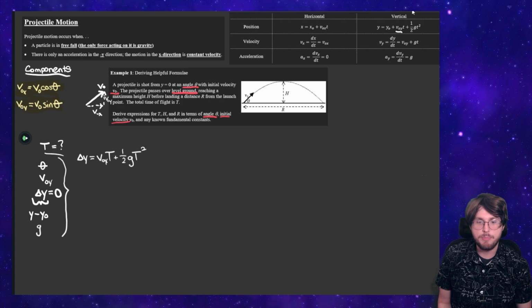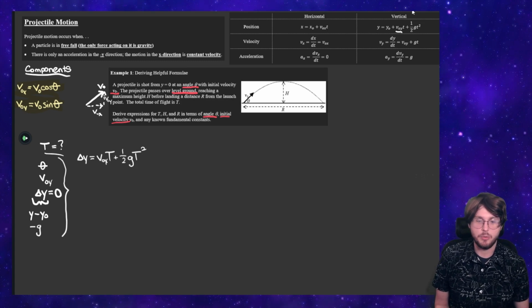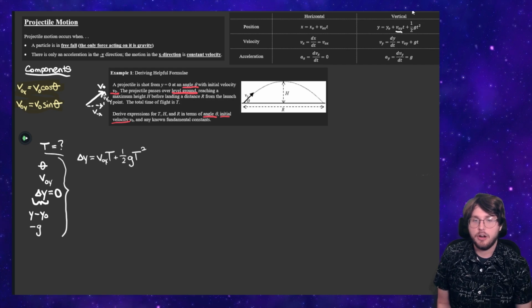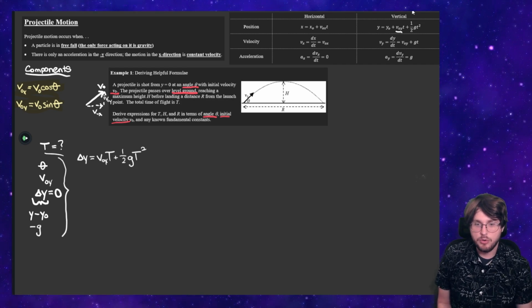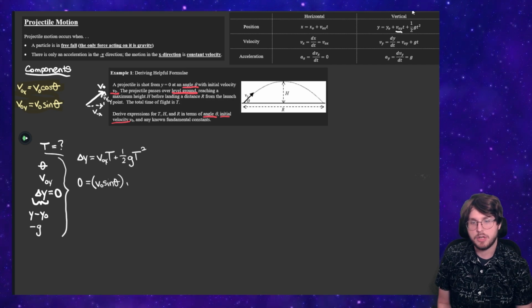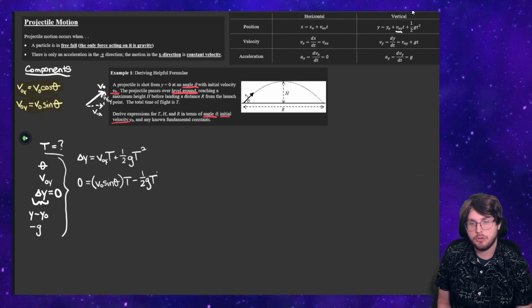And I'm going to specify this as negative g, which would be like negative 10 meters per second squared, in other words. All right, and now we can substitute. Delta y is 0. We've got v naught y, which is really v naught sine theta times big T, minus 1/2 g big T squared.